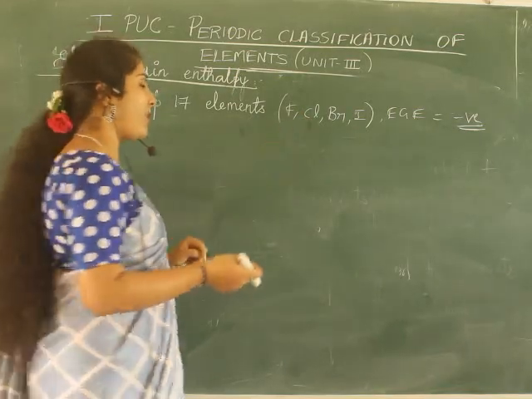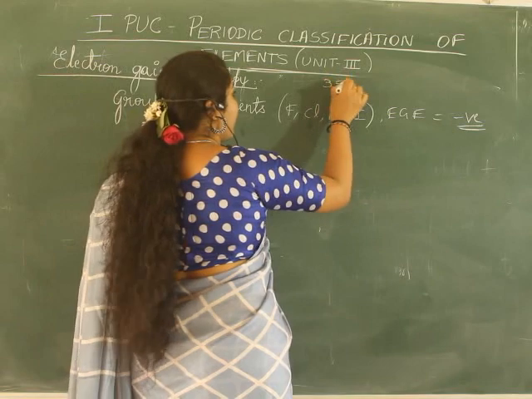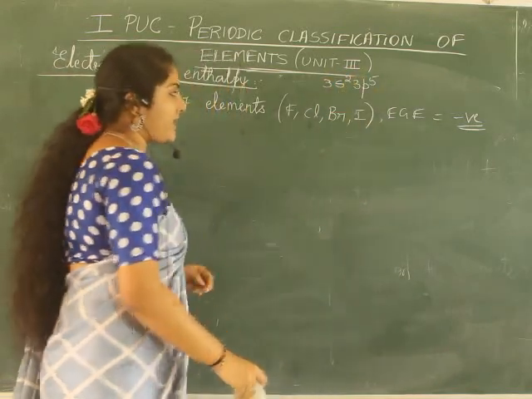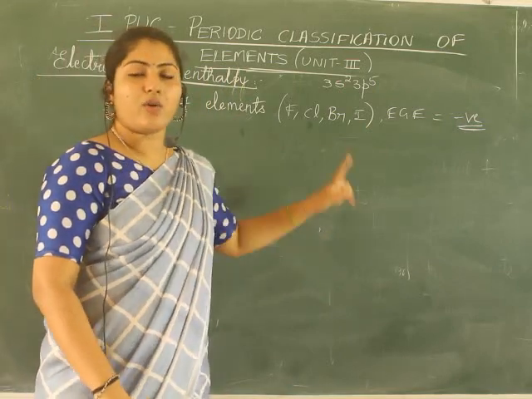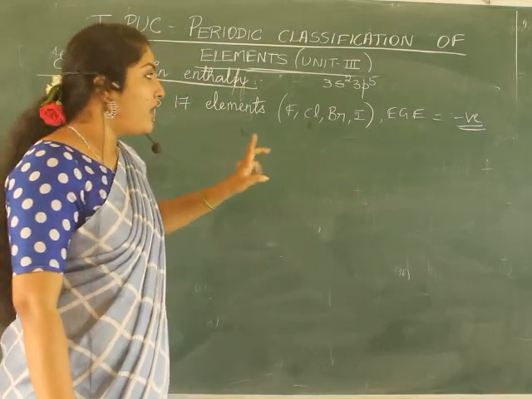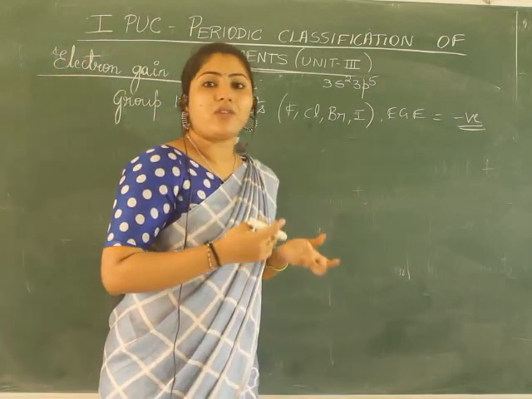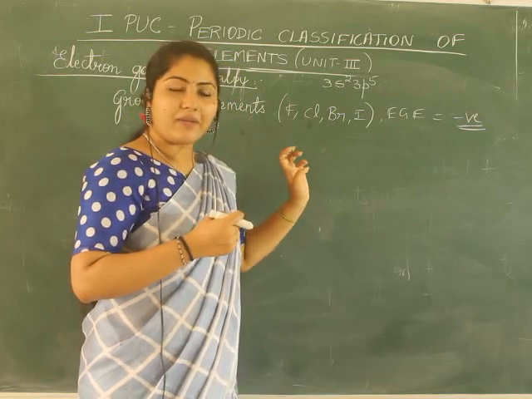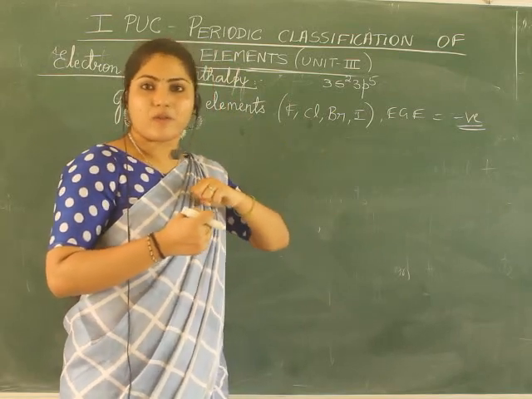Chlorine, the outer shell configuration is 3s2 3p5, whereas the next one, chlorine is 17, argon is 18. Argon is a noble gas. It wants to become like a noble gas. It wants to be stable. So how can it be stable? It will pull one electron and it will be stable.